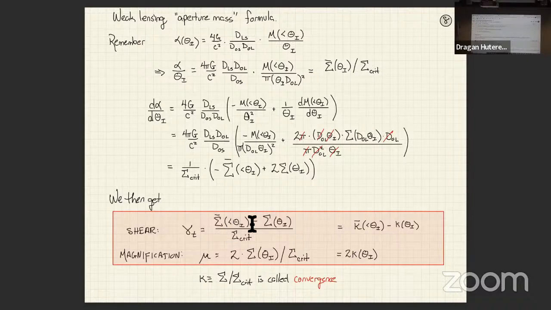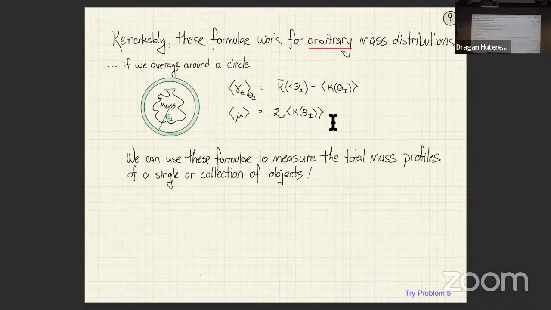And the remarkable thing is that these equations work even for non-circularly symmetric lenses. So any lens that you have, if you can measure the shear, the average tangent stretching in an annulus around that mass, then that measurement is telling you something about the mass distribution of that lens, namely the mean mass inside the circle minus the mass density at the circle.